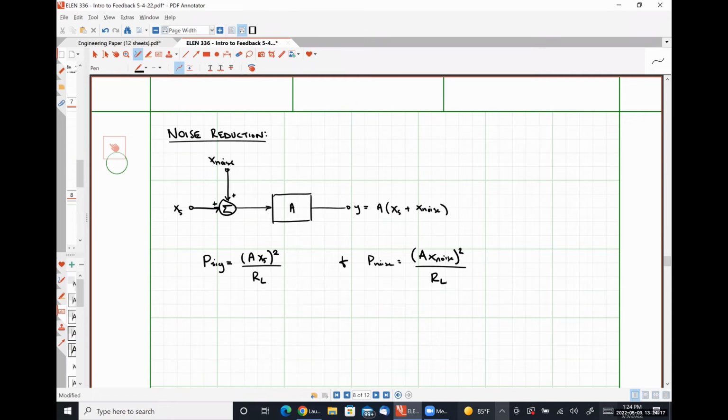Okay. Our signal to noise ratio, or our figure of merit for our amplifier here when doing any sort of noise analysis, is defined as the ratio of P sig to P noise, which in this case is going to simplify to XS squared over X noise squared, meaning that the open loop gain of the system doesn't matter.